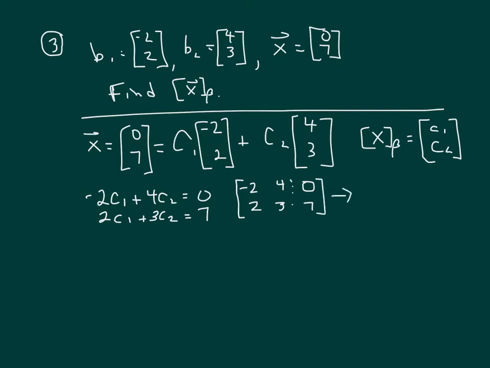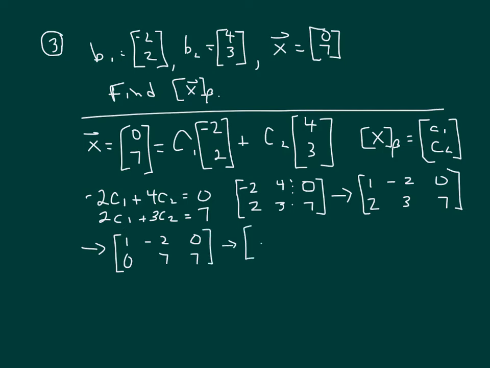And when we do that, our first row is going to give us 1, negative 2, 0. Then negative 2 times the first row plus the second row is going to give us 0, 7, 7. Okay, and then we want that leading 1 in the second row, so multiply by 1/7 to get 0, 1, 1.